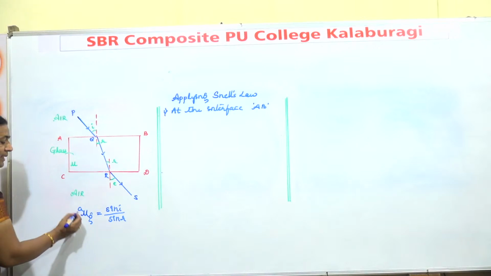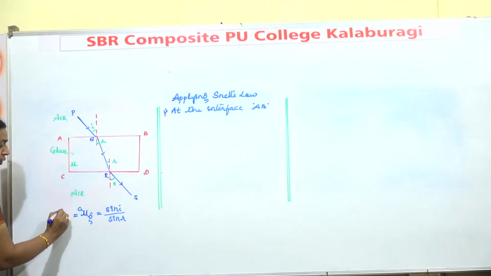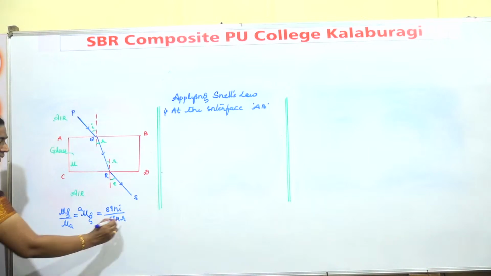Now this is nothing but mu2 by mu1, children: mu of glass by mu of air. I can cross multiply.